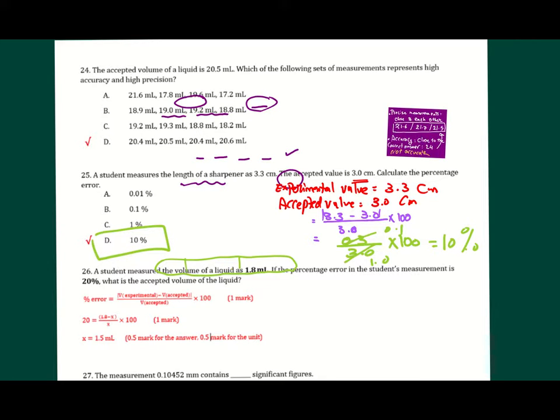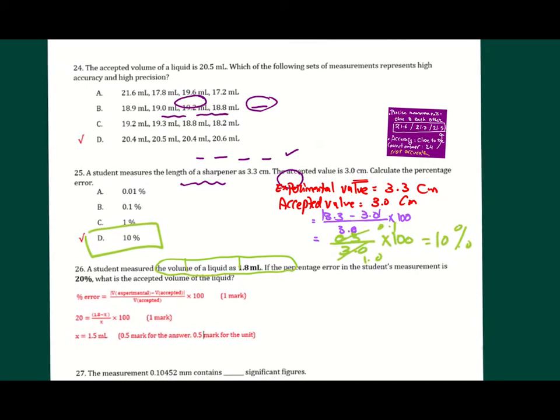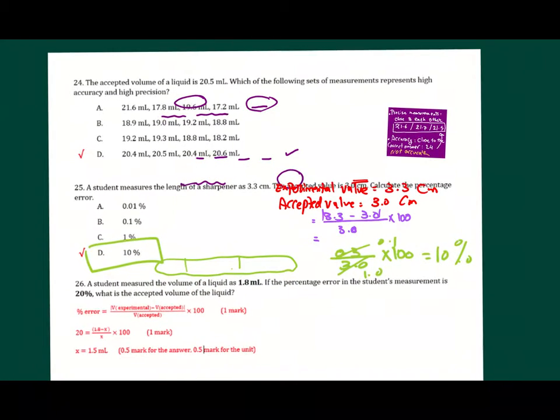Next problem. It's also about the same concept. A student measures the volume of a liquid as 1.8 milliliter. So this is the student measurement, the experimental value. If the percentage error of the student measurement is 20%, what is the accepted volume of the liquid?